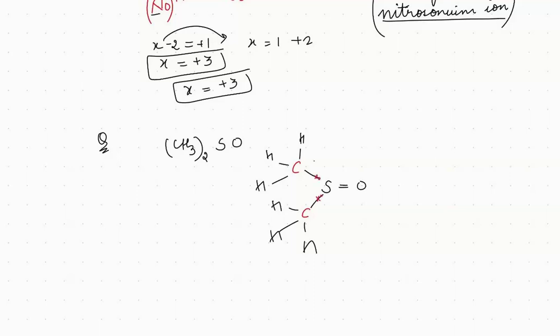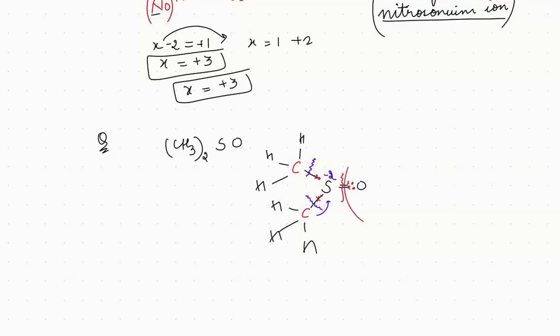So when this bond breaks, and this bond breaks, sulfur is acquiring a -1 charge from here and -1 from here. So overall it acquires a -2 charge. Now oxygen, when this bond breaks, takes away its own 2 electrons, the cross electrons.